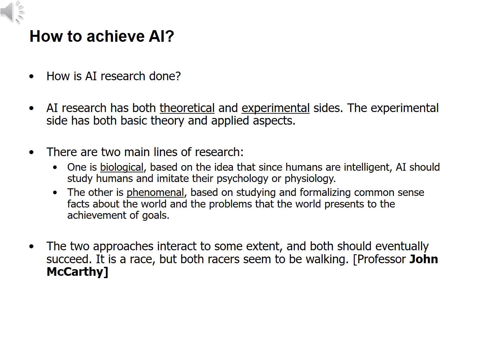The biological one basically researches humans, because human intelligence is the reference point here. So we should study humans and imitate their psychology and physiology. The biological part also studies animals and insects, and tries to imitate the behavior and the concepts of nature in the biological sense.